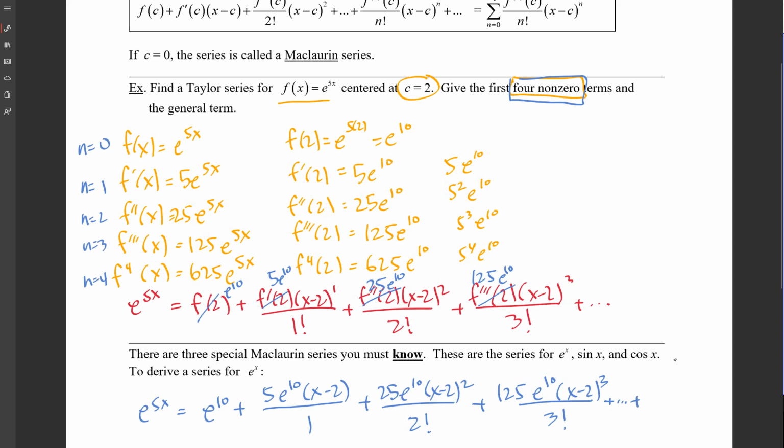So this will be 5 raised to the nth power times e to the 10, x minus 2 raised to the nth power, divided by n factorial, plus, don't forget to put dot, dot, dot. And there is my first non-zero terms plus my general term.